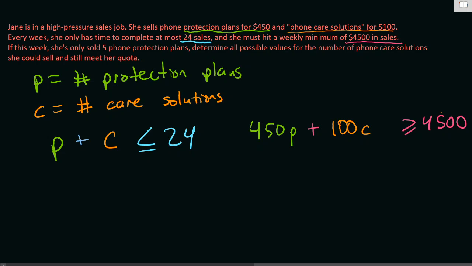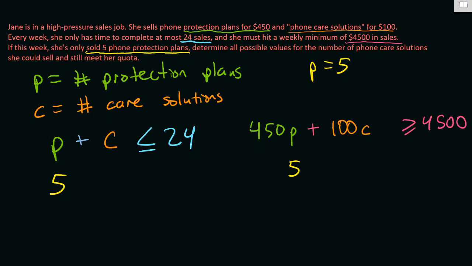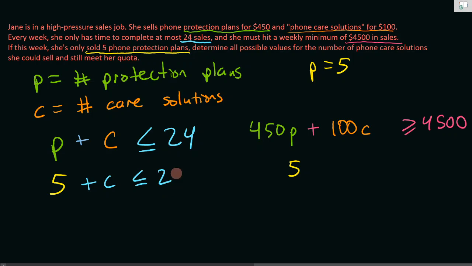And then we're just told in this case, she's sold 5. That's just a number we can use. She has sold 5 phone protection plans. So P equals 5. We're going to substitute 5 over here, and we're going to substitute 5 over here. Is this looking familiar? Kind of the same thing we did in the last problem, right? So P plus C is less than or equal to 24.